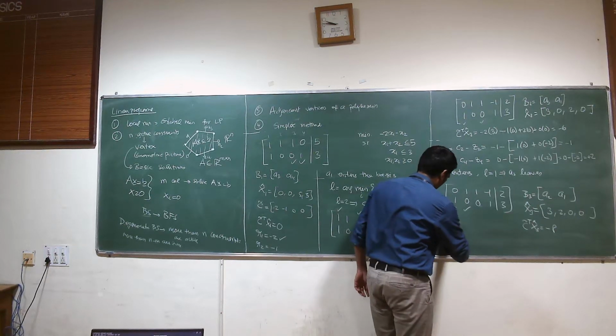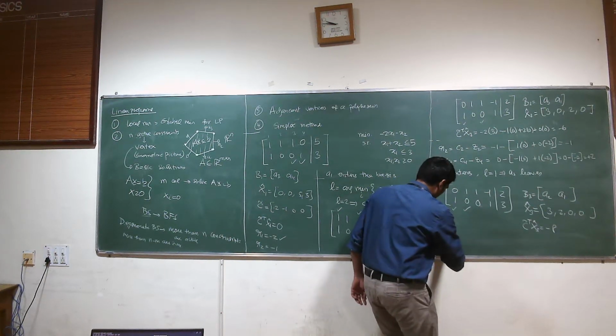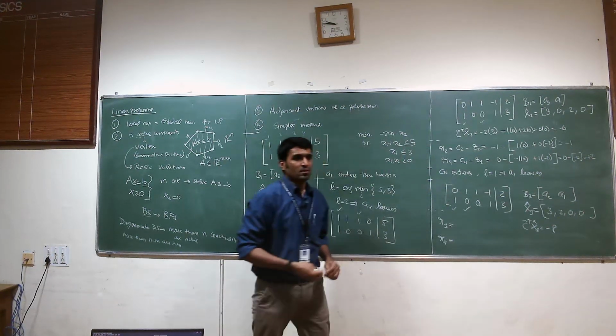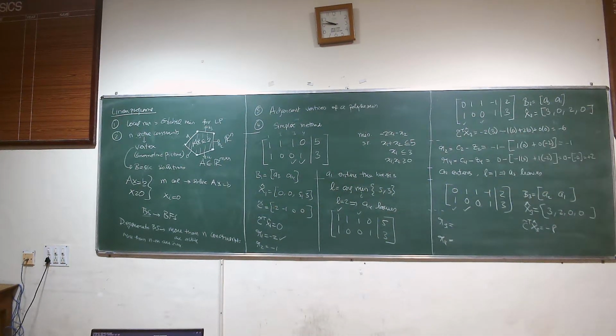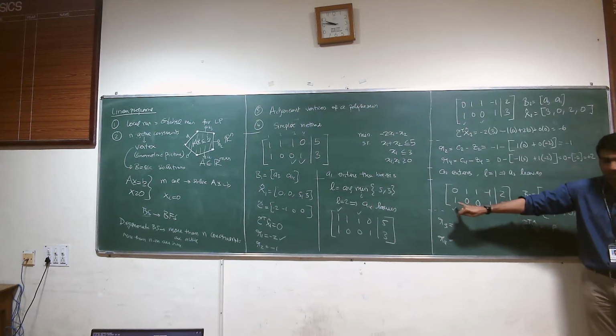What about the adjacent ones? The only adjacent ones are R3 and R4. What is R3? What is R4? No, no. Here. So we are saying solve this system using only columns A1 and A2.